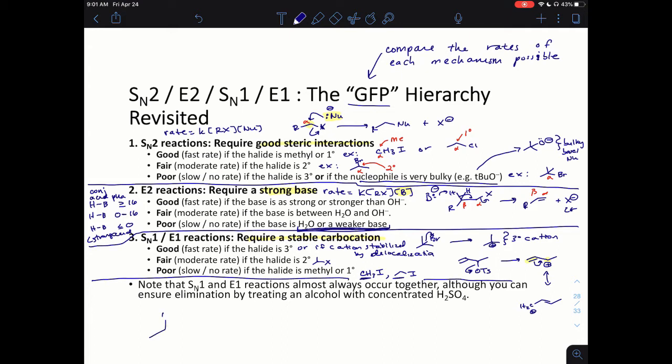Now, SN1/E1 reactions do typically occur together, but if you want to ensure E1, you can, say, treat an alcohol with concentrated sulfuric acid, or you could use phosphoric acid. And then you'll exclusively get the alkene via E1, which we talked about in that lecture.